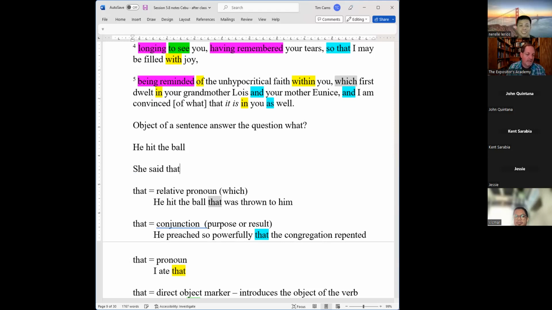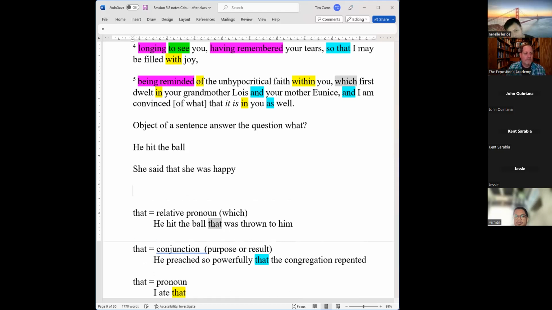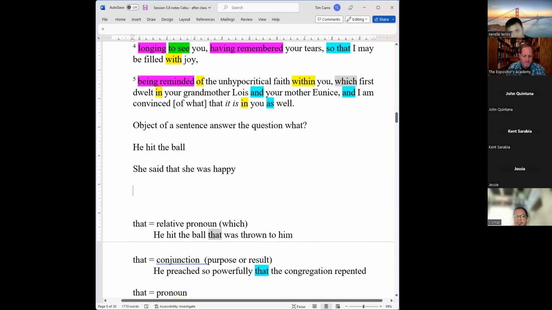Or she said that she was happy. I know what? I know English. So the object is typically describing what the verb is, what is receiving the action of the verb.